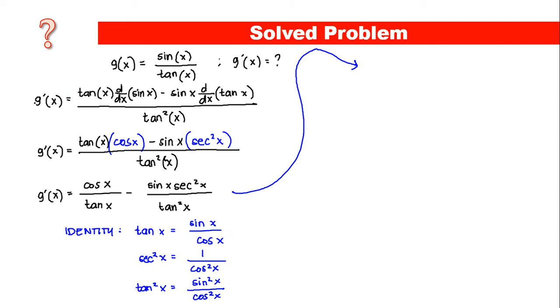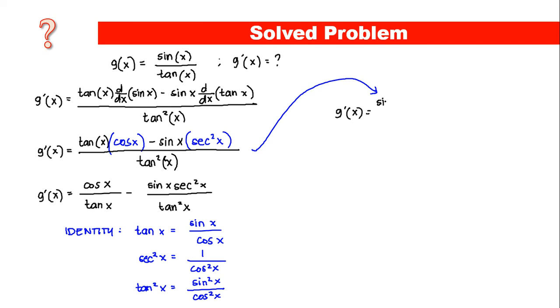Okay? So, actually, pwede naman dito pa lang magpalit na tayo, no? Subukan natin. So, maraming ways para masagatan ito. So, dito tayo mag-start, no? So, in this case, yung ating g prime of x, palitan natin yung tangent ng sine x, right?